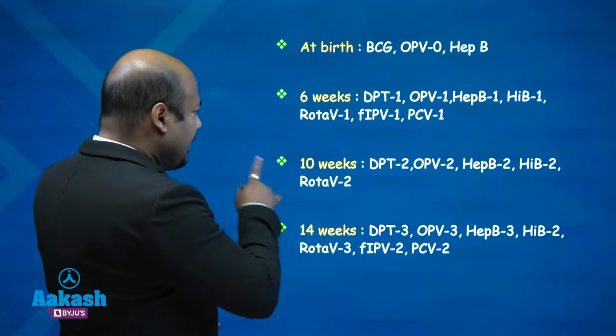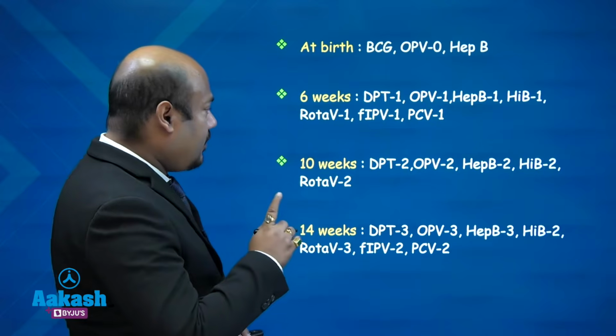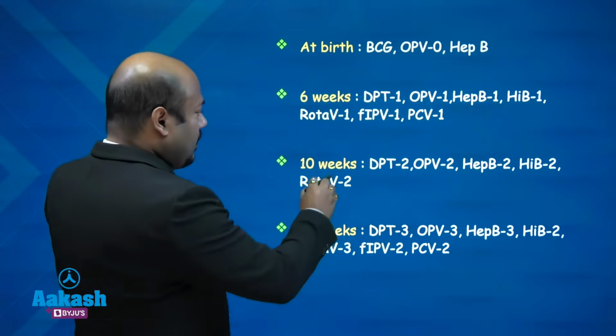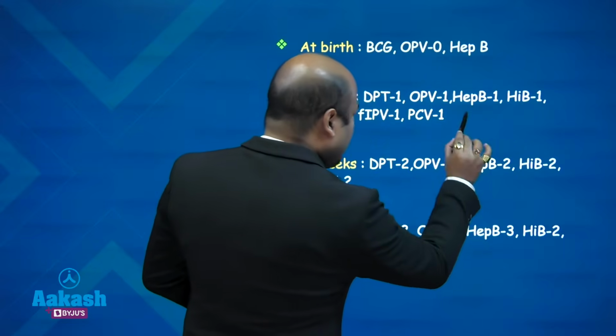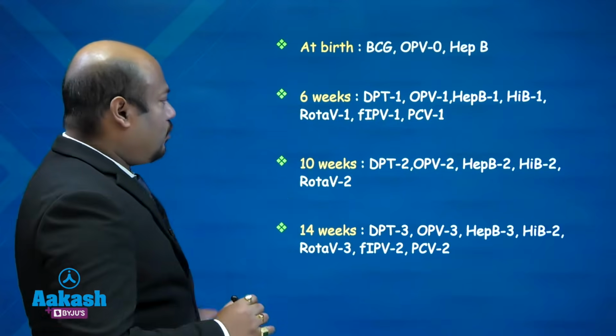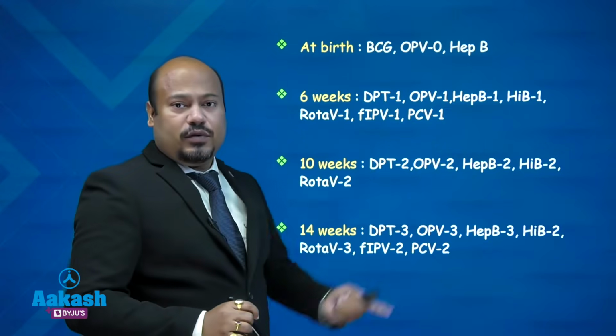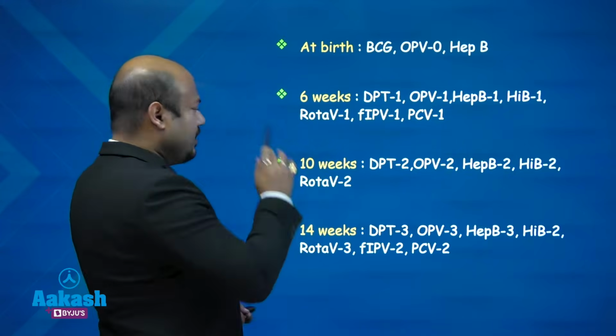At 10 weeks, what is absent? You have DPT, OPV2, Hep B2, Hib2 and Rota V2, but you don't have the fractional IPV and the PCV. The fractional IPV and PCV are given at 6 weeks and 14 weeks, not at 10 weeks.